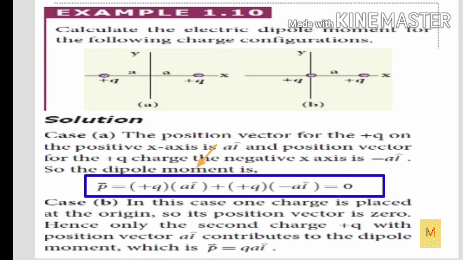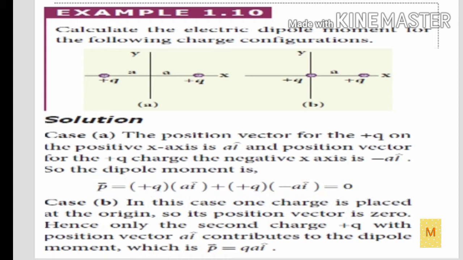Here a i cap represents the position of the charge plus q in the positive direction. Similarly, minus a i cap represents the position of the charge in the negative x direction. The first term in the equation will become q a i cap, and the second term will become minus q a i cap. So plus q a i cap minus q a i cap will become 0.